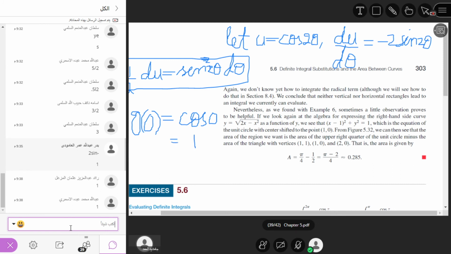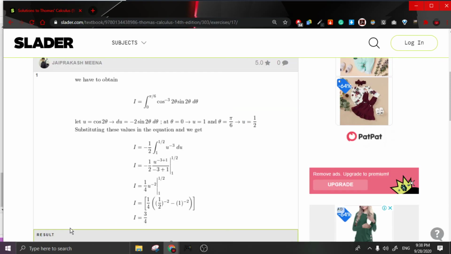Now we find the upper limit. What is g of pi by 6? It is equal to cosine of 2 times pi by 6.